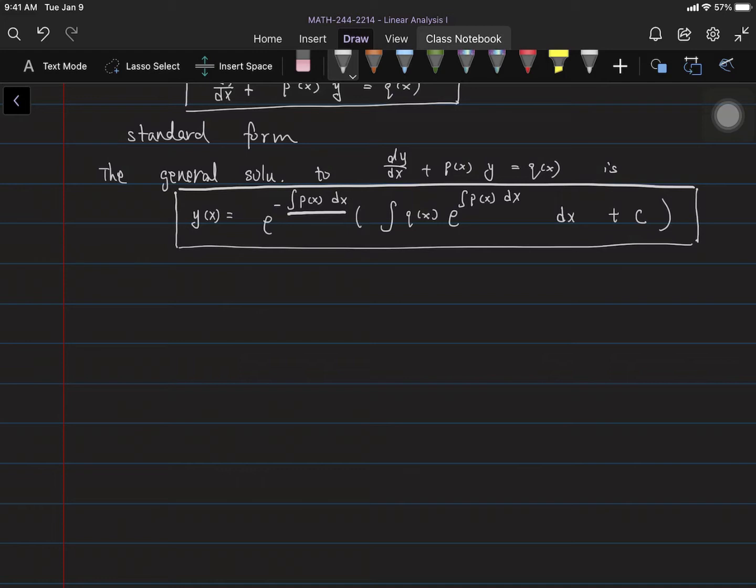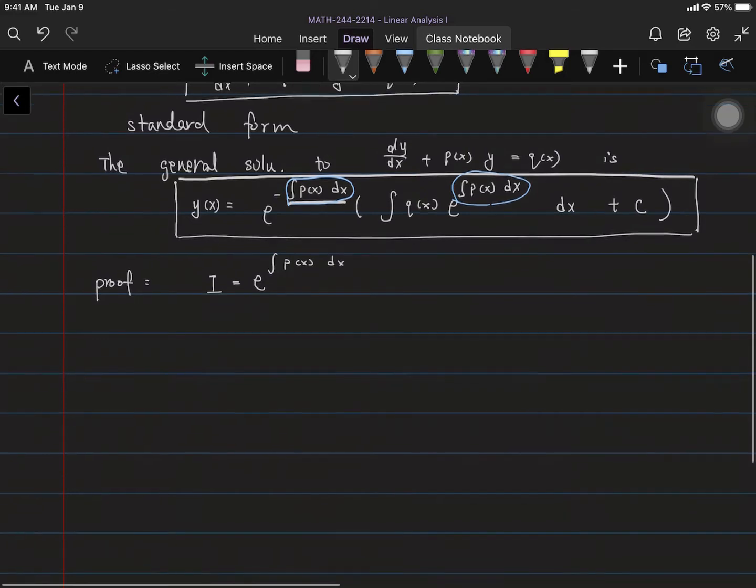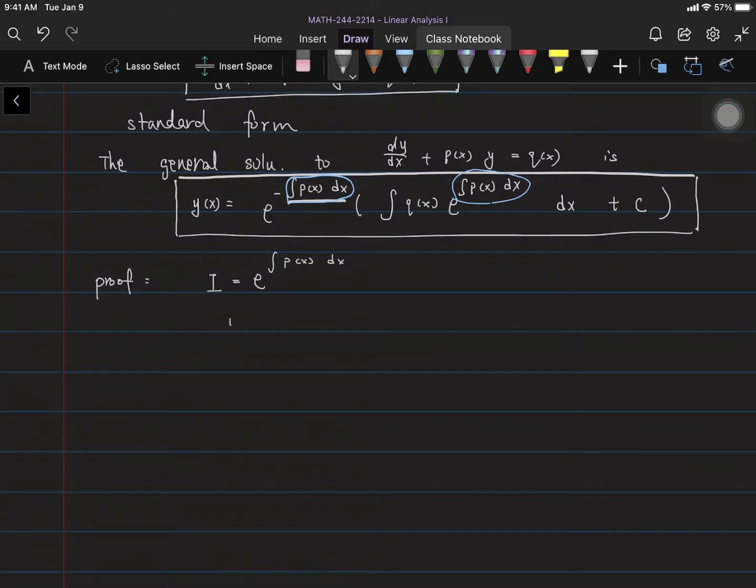If we look at this solution, we can see this term appears twice, right? The integral of p(x) dx. Next I'm going to show you the proof of why we have this term. We make I equal e to the integral of p(x) dx. And our differential equation is y prime plus p(x) y equals q(x).